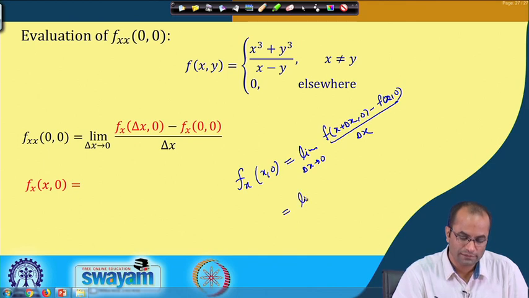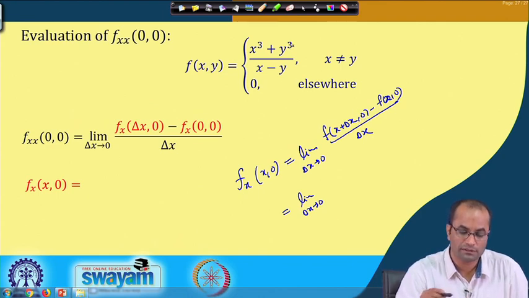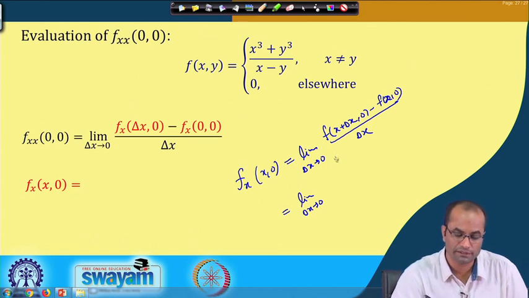In this case, because the second argument is 0, there is no y term, and we will have x square simply. That means (x plus Δx) whole square minus x square, divided by Δx.